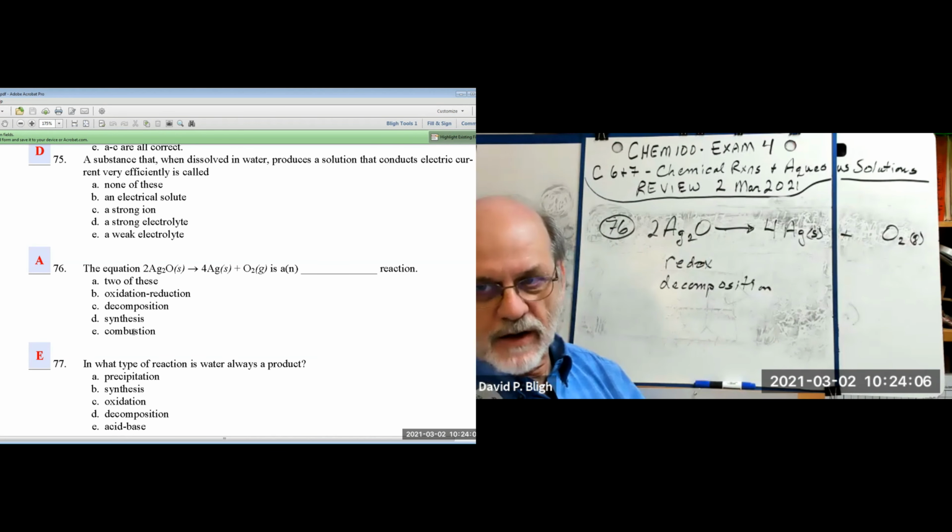He did it by decomposing mercury oxide using a big 12-inch magnifying glass. He just concentrated the sun's light on that HgO and produced the metal plus oxygen gas.